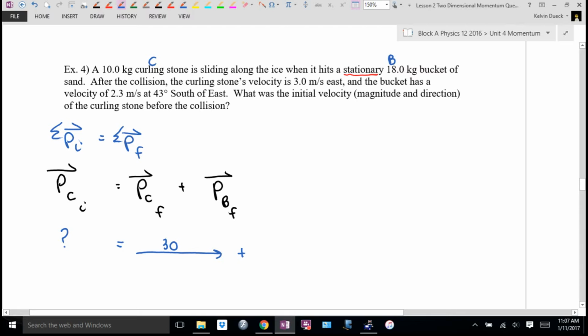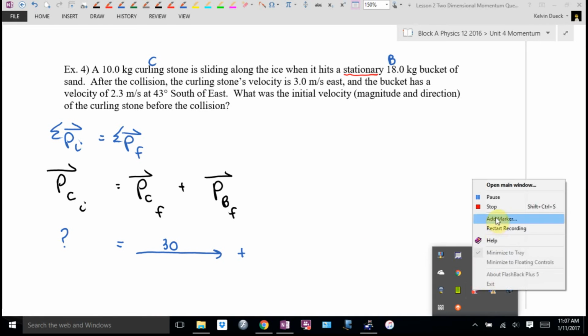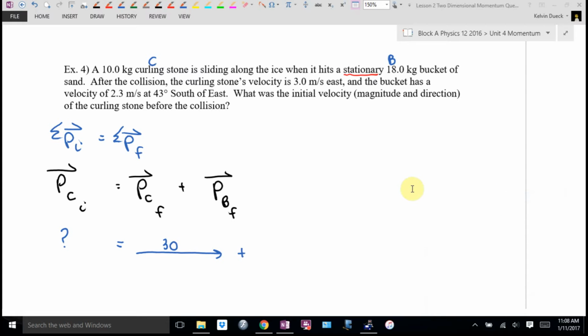Plus. Ty, can you read to me the final direction of the bucket after the collision? Okay.